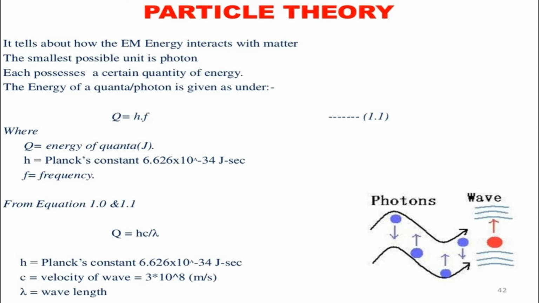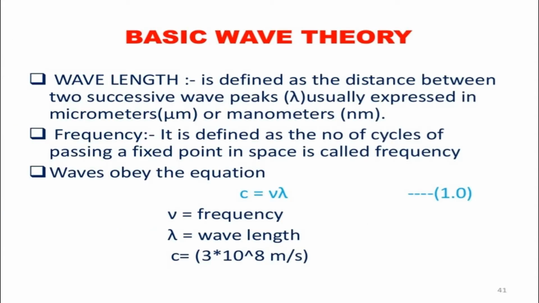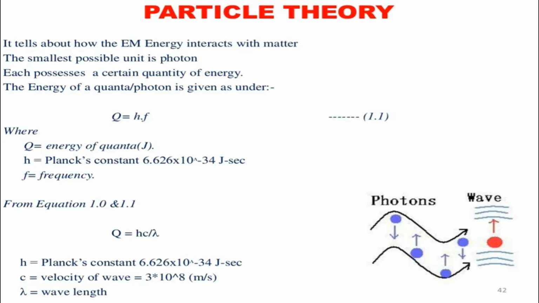H is Planck's constant and F is the frequency. From equation 1.1 and 1.0, we put that data into the previous equation, C equals V into lambda. We can get Q equals Hc upon lambda.